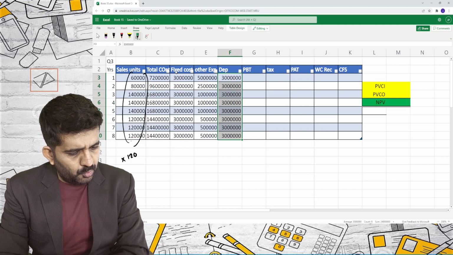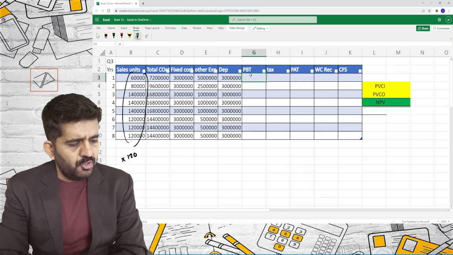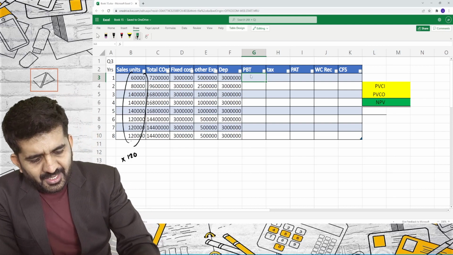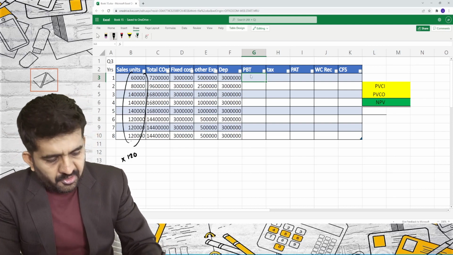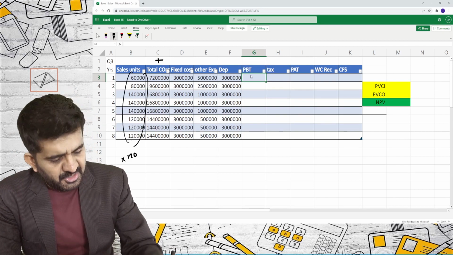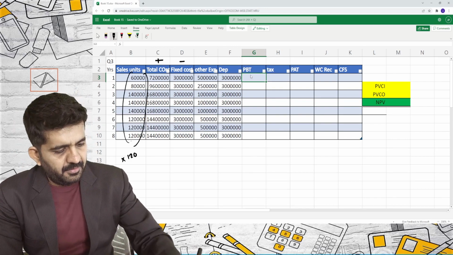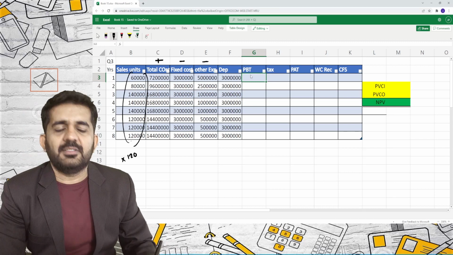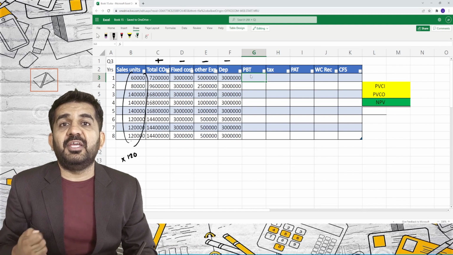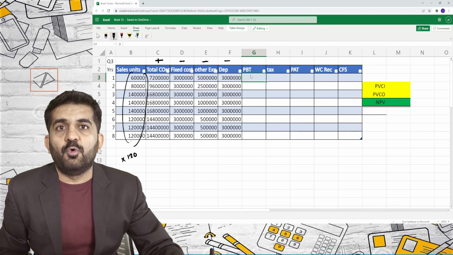Now let us go to this. I want to find out profit before tax. So what I will do? Contribution minus fixed cost minus other expense minus depreciation will be nothing but profit before tax.